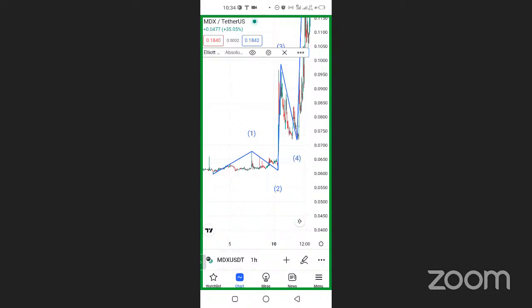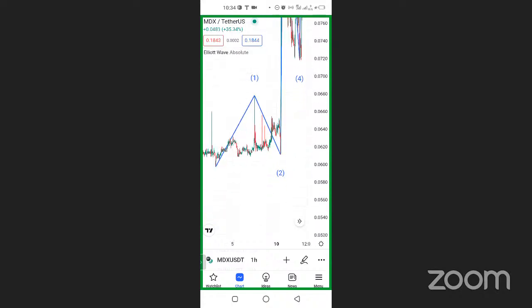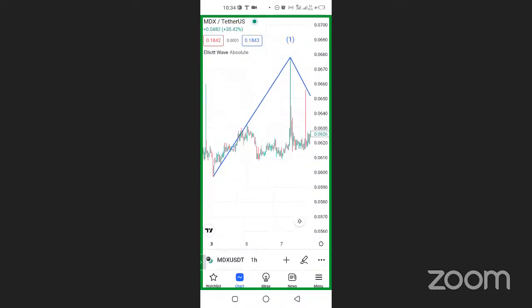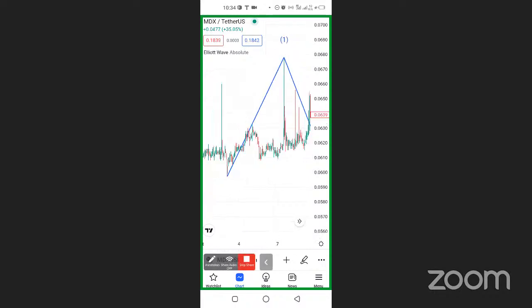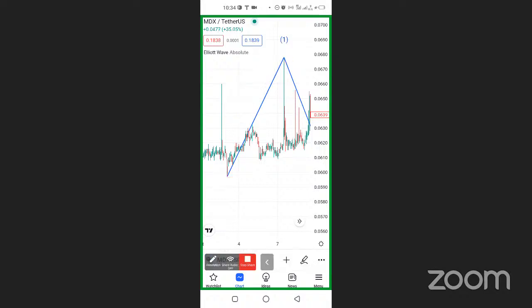Now, let us understand the waves. Let me make them clear so you can see them very clearly. Wave 1 is bullish, meaning it is an uptrend. From here to here, it's an uptrend. Let's go to 2.